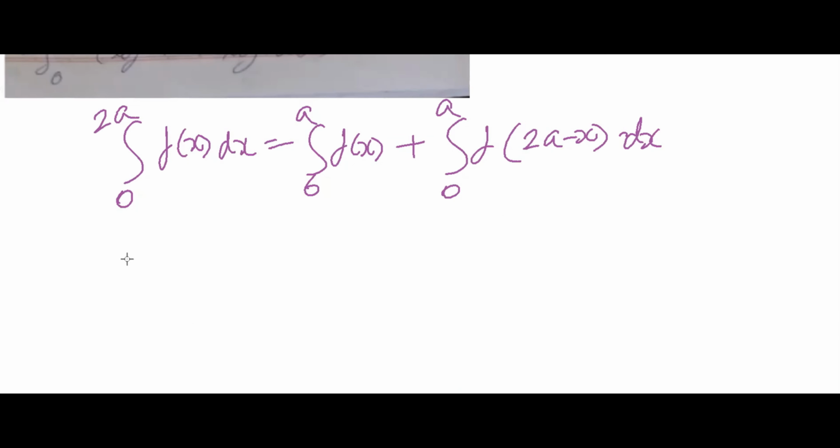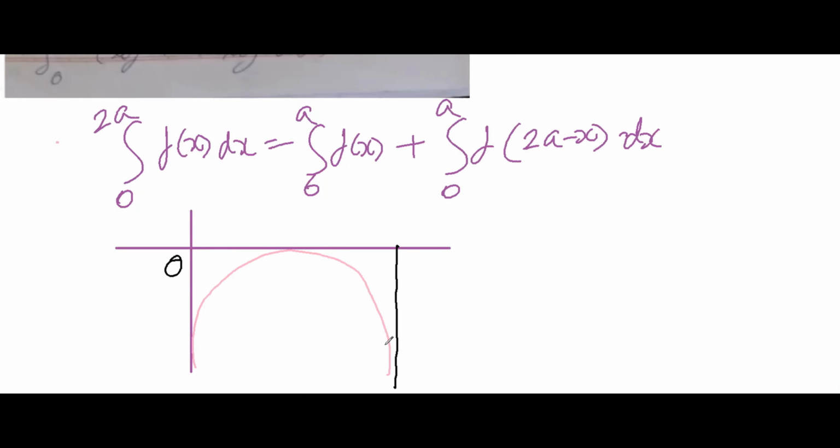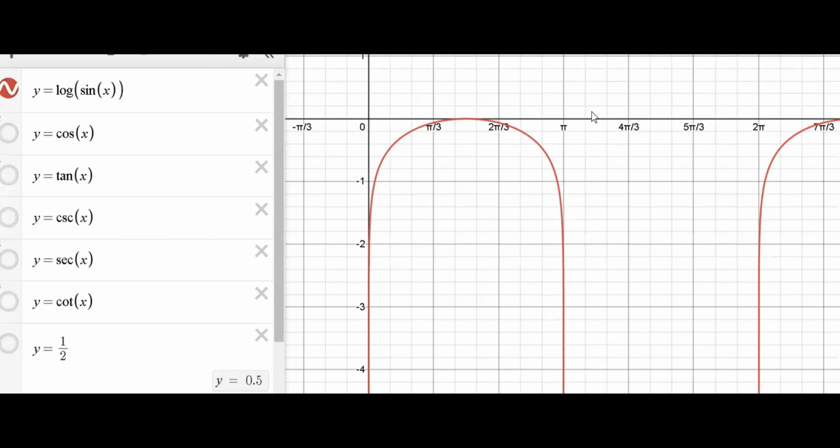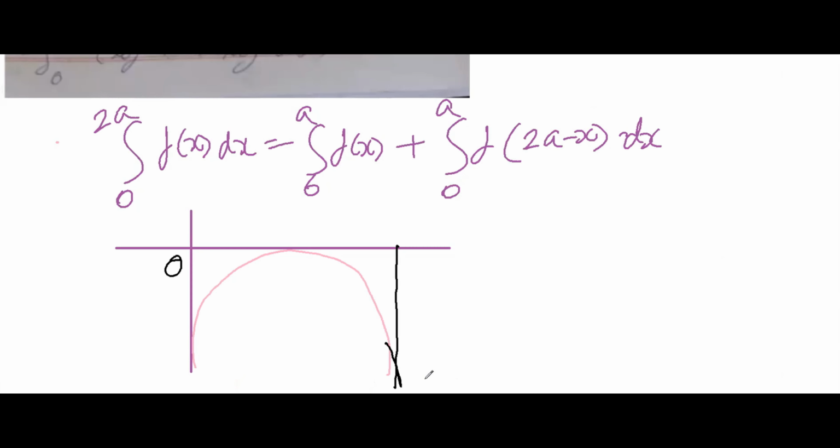Hope you have understood. Now let me explain this with the graph again. This is my graph. Here it is 0, here it is 0, and here it is pi, and here it will be exactly pi by 2.